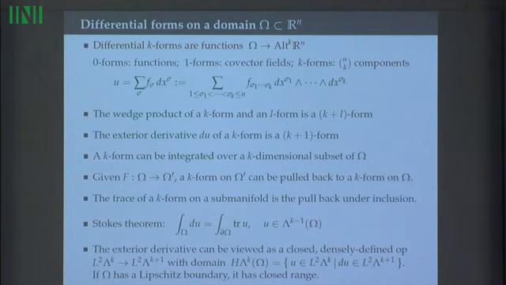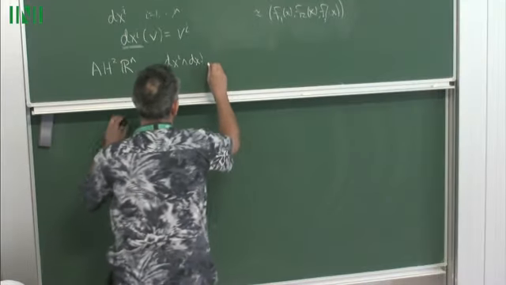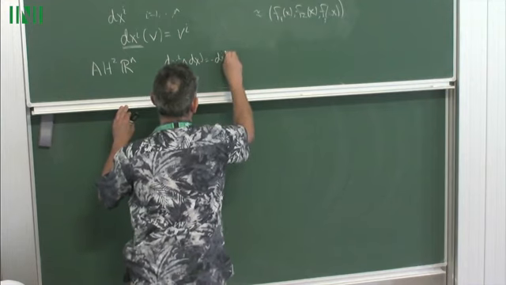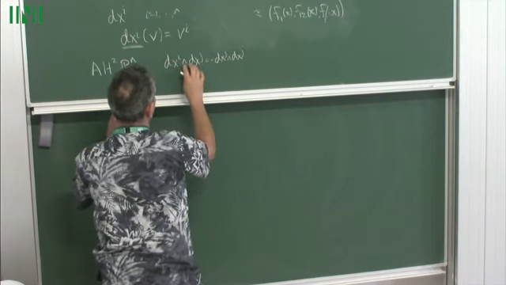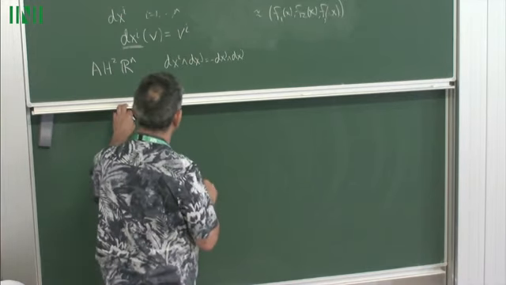You could take the standard vectors in Rn, but since it's alternating, you should take them in increasing order. So you could take E1, E2, E1, E3, E2, E3, etc. And this is the one that takes Ei, Ej to 1 and the other ones to 0. This is, of course, the negative of dxj wedge dxi. This is the bilinear form you get by tensor producting these and then taking the skew symmetric part.